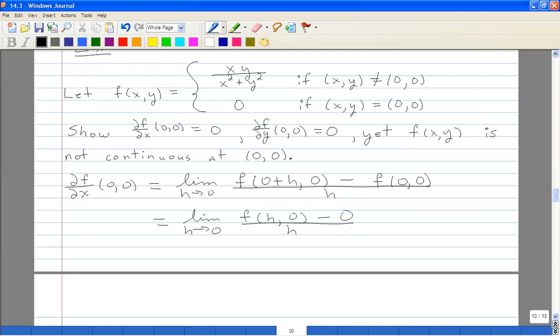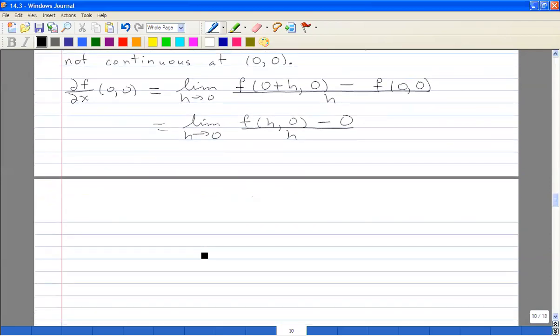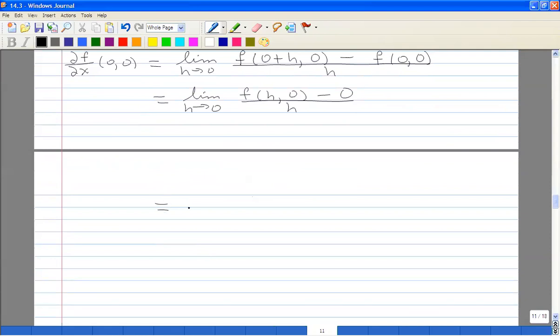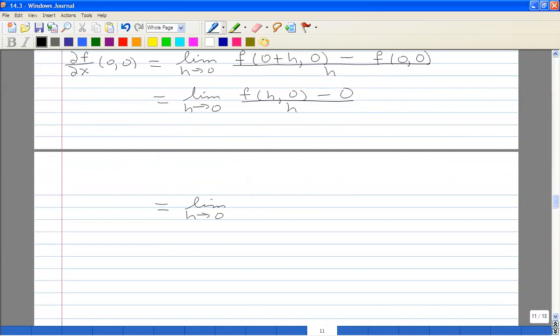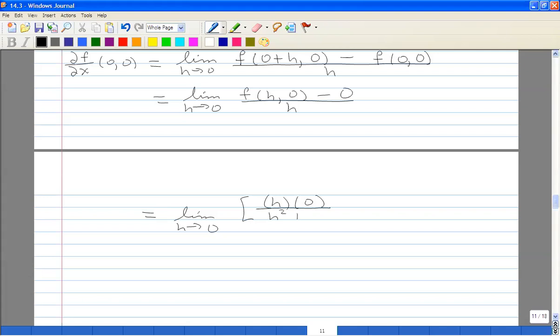So let's try to find this. Notice that if you plug in (h, 0), then you get h times 0 over h squared plus 0 squared.